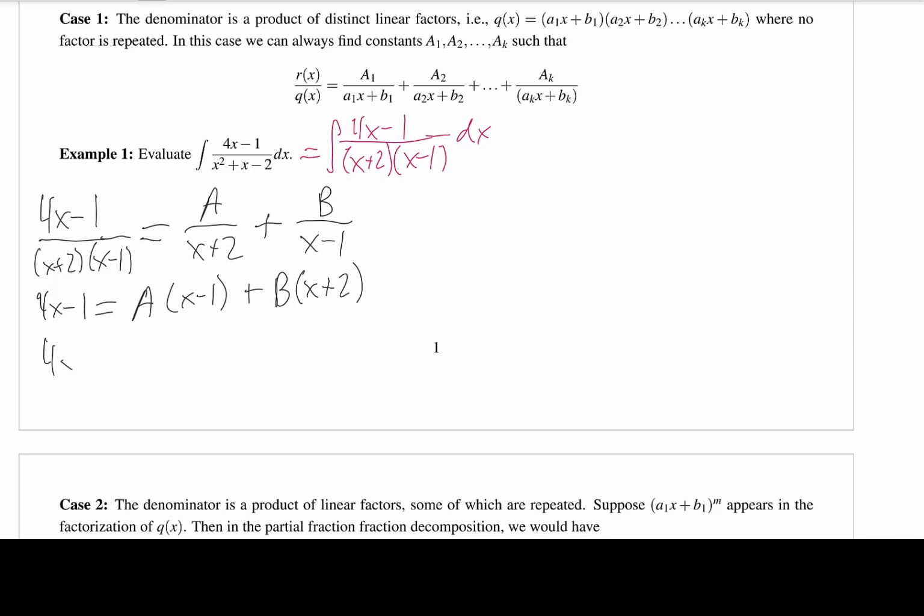And so this tells me that 4x - 1 is equal to A(x - 1) + B(x + 2). Now I'm going to show you two different ways of doing this.